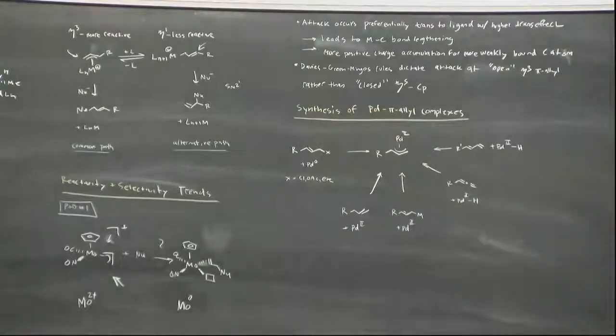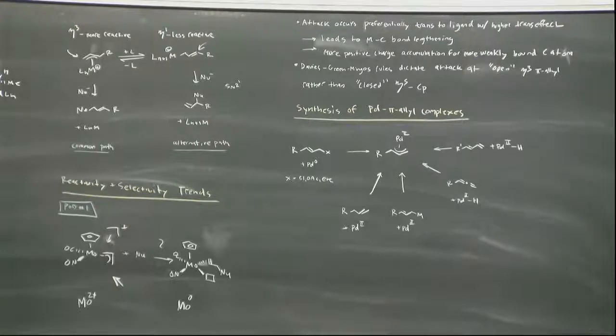Okay, so attack will occur preferentially trans to the ligand with the higher trans effect. That, I realize, is a bit of circular logic, but let me just elaborate on that. Ligands with strong trans effect tend to be those that are capable of pi back bonding. They also, in general, tend to be a little bit better sigma donors, if you consider phosphines, for example.